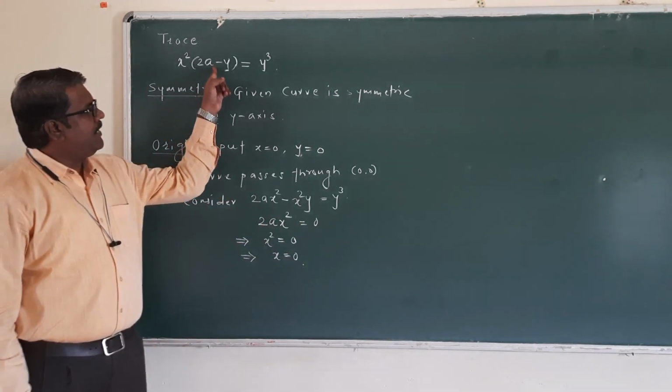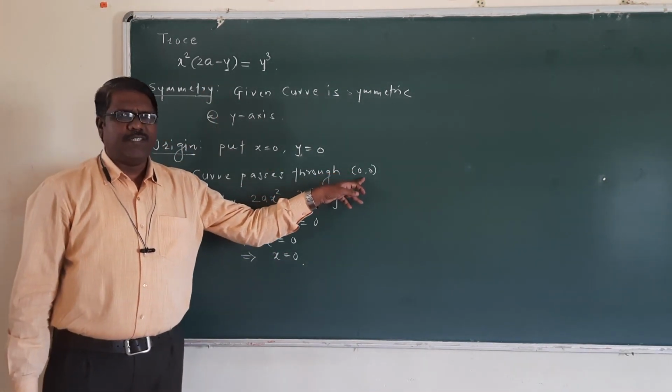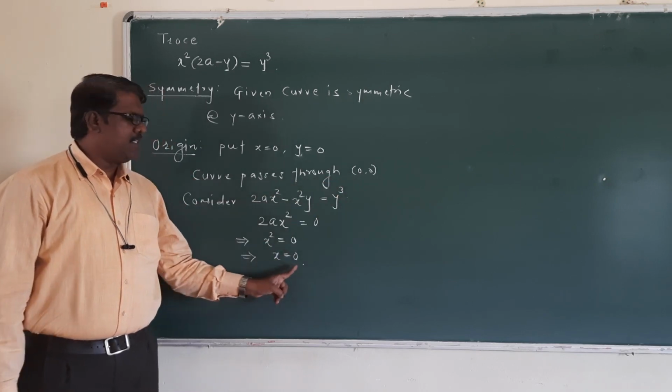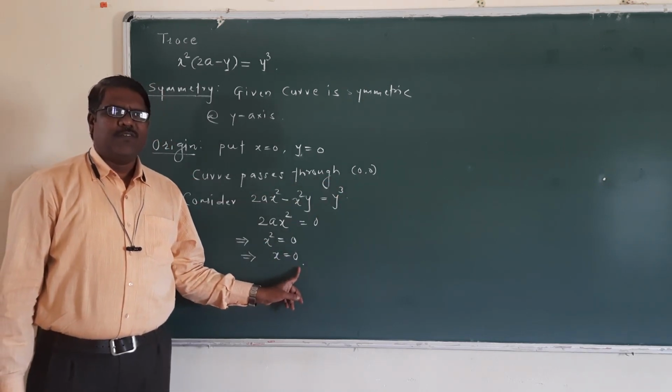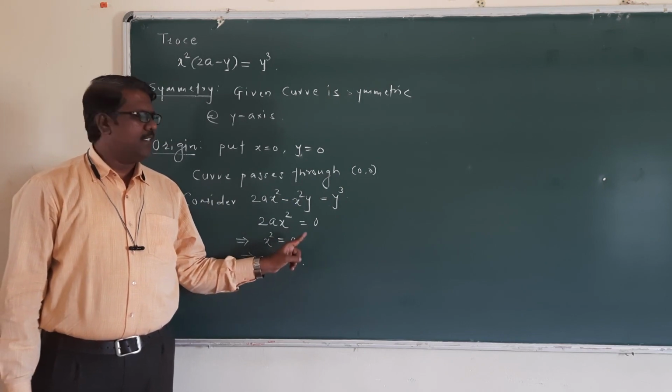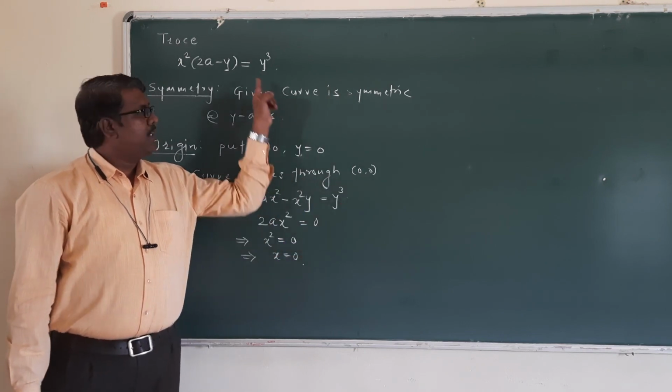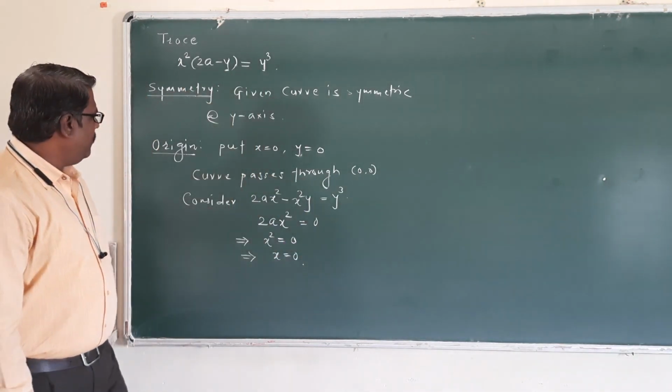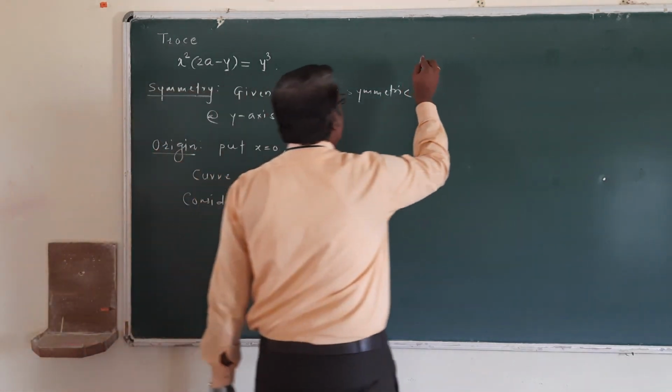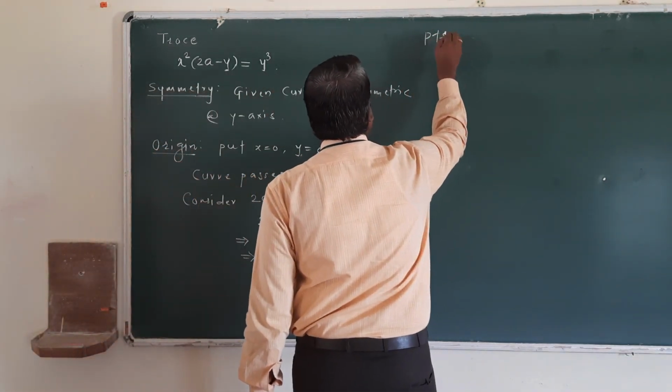So for the given curve at origin, the tangent is x is equal to 0. It means y-axis is a tangent at origin for the given curve.